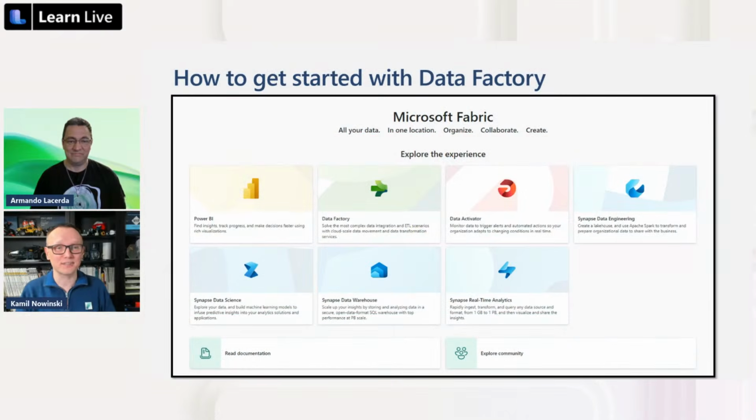So how to get started with Data Factory? Of course, Armando shows this during the demo, but let's see a few slides before we dig deeper. So first, if you open Microsoft Fabric, you will see this kind of page where you can choose one of the experiences or personas. Yeah, so in our case, it will be Data Factory.